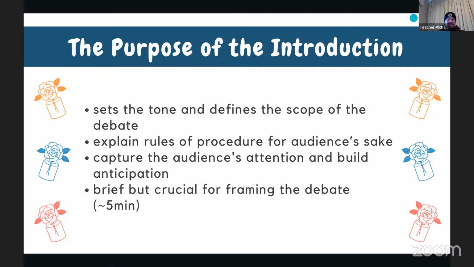We want to capture the audience's attention and build anticipation. So the moderator will generally say a few inspiring sentences to get the audience excited to listen to the debate. It's not just, oh yeah, cool, we're going to debate now.